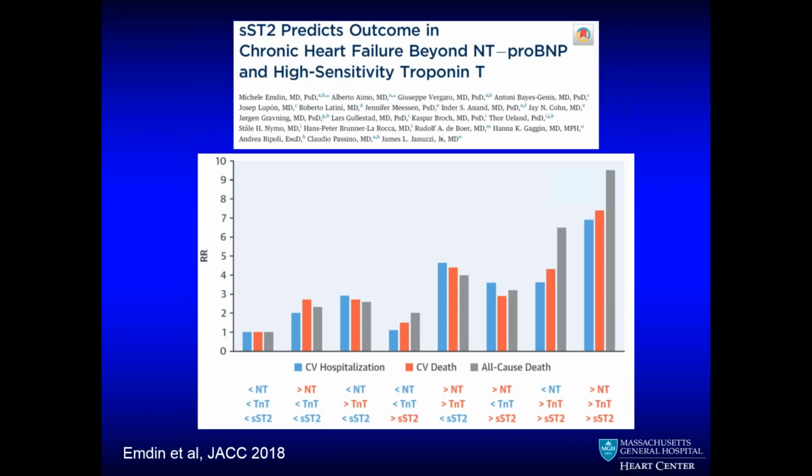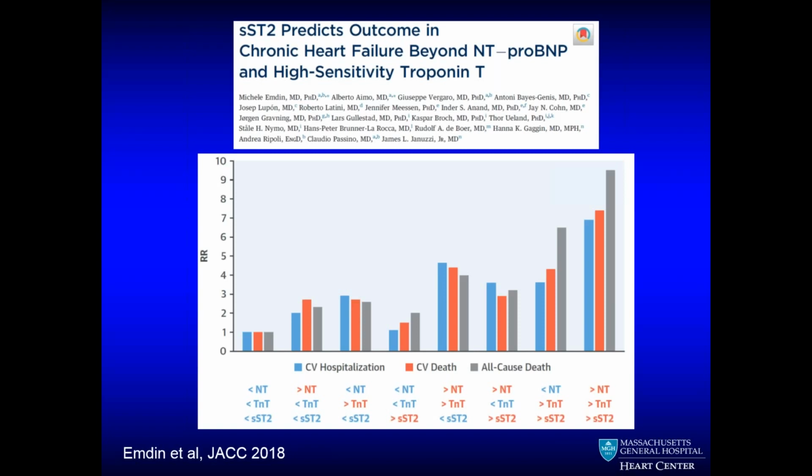Now, importantly, if you look at patients that have a low N-terminal proBNP and a low troponin T, but an elevated ST2, we see that these patients are at generally lower risk, but their risk is still higher than those patients that have all 3 markers low.